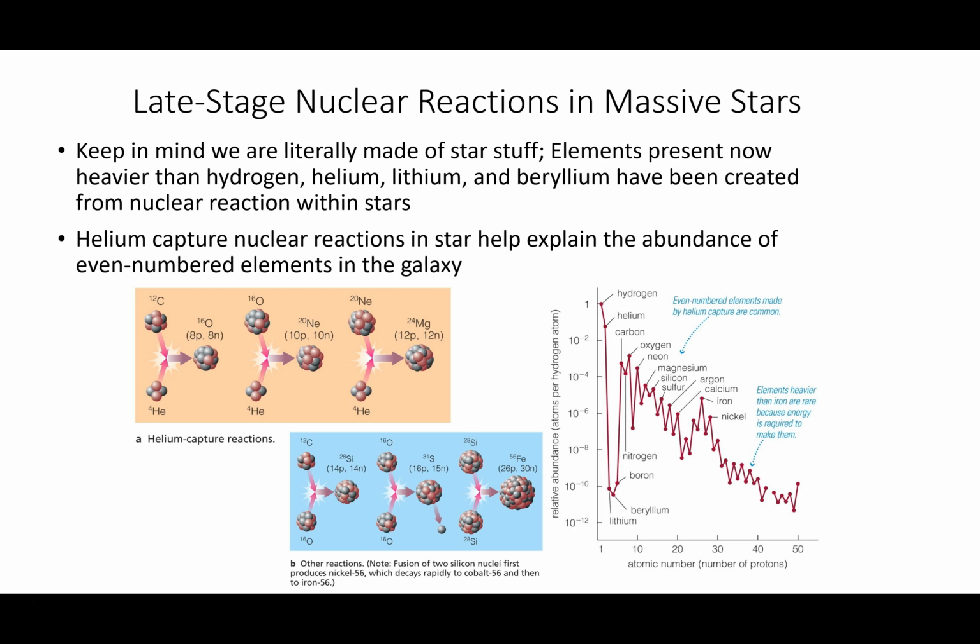The way nuclear fusion works is the whole twosies thing. A lot of elements have an even number of protons in their core, and that's not an accident. That's just the way it goes. Nuclear fusion happens in stars, so the abundance of those elements in the universe is greater.